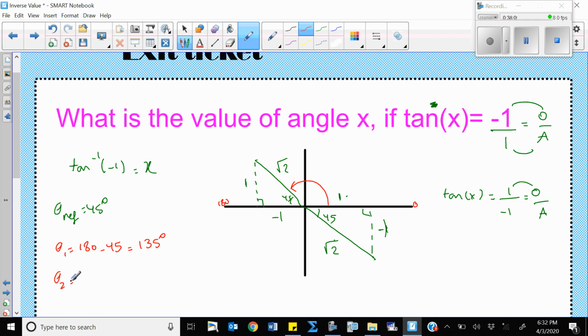The second one, theta 2, is going to be this angle that starts from here and ends at this point. So to find this one, I'm going to subtract 45 from the full circle, which is 360. So this will be 360 minus 45, which is 315. And that's the answer.